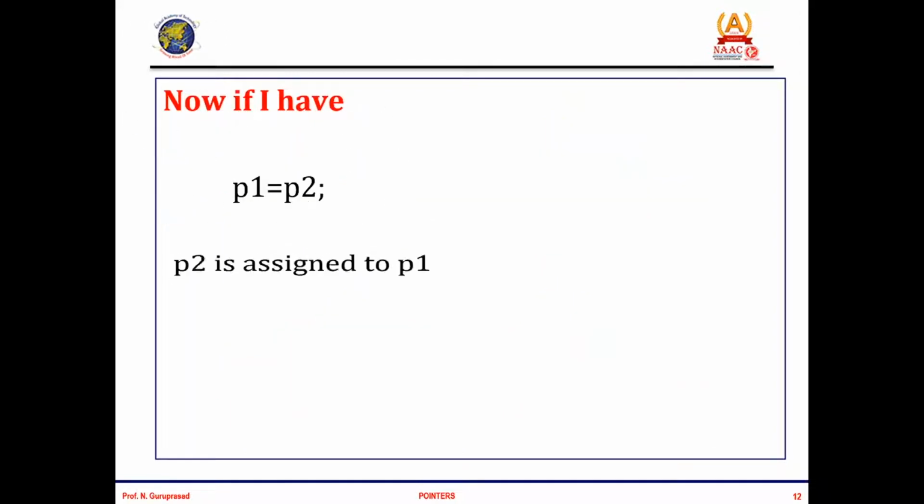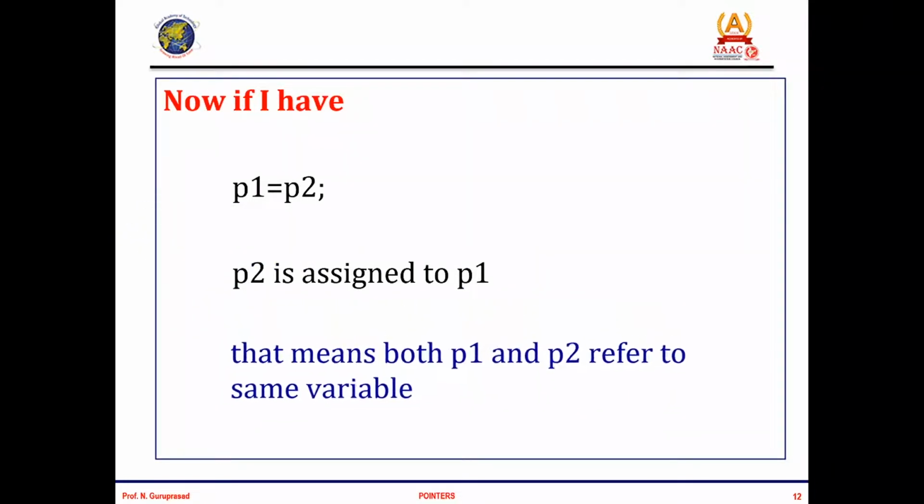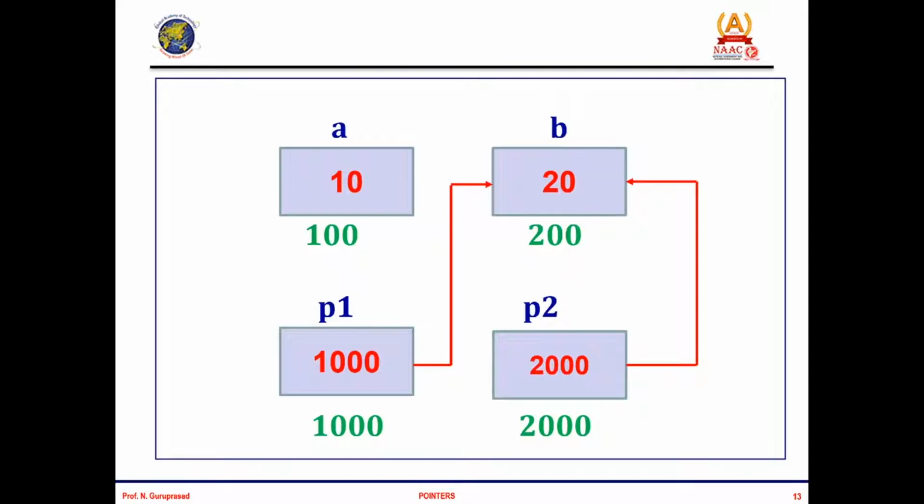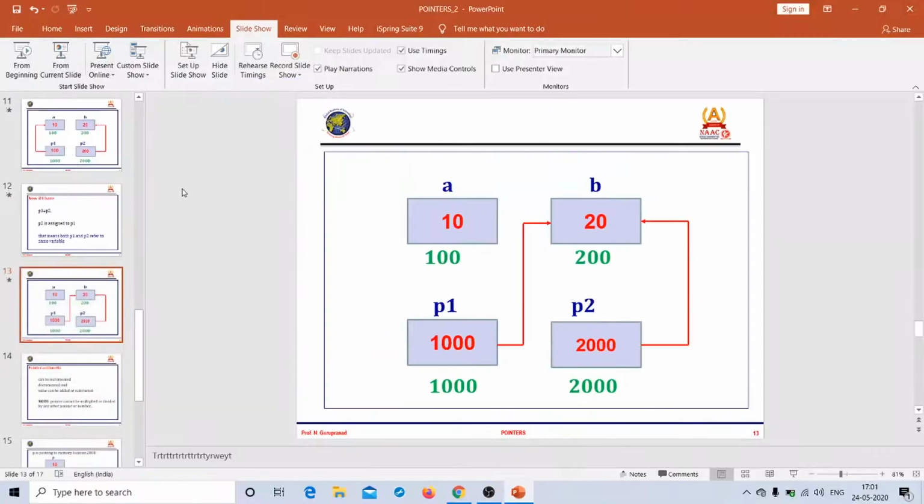Now, if I have p1 equal to p2, where p2 is assigned to p1, that means both p1 and p2 refer to the same variable. Look at this, both p1 and p2 refer to the same variable. So this is a diagrammatical representation.